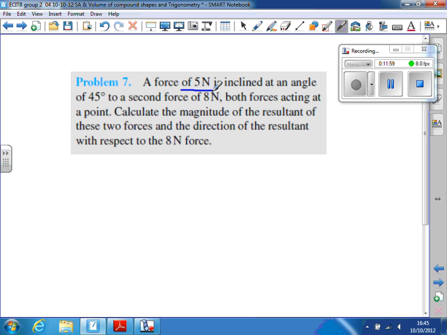So if I'm going to draw this, I'm going to start by drawing the 8 Newton force as my sort of datum line, my start point. All angles and all calculations are going to be measured with that as my start point. So we put that along the positive x-axis, 0 degrees in other words. So again, we might draw our grid.